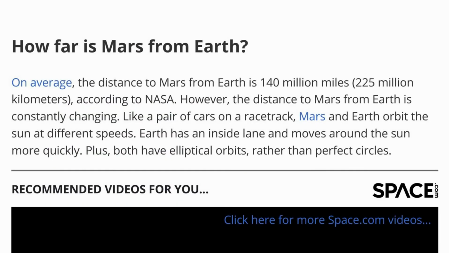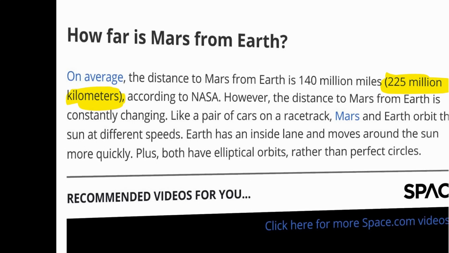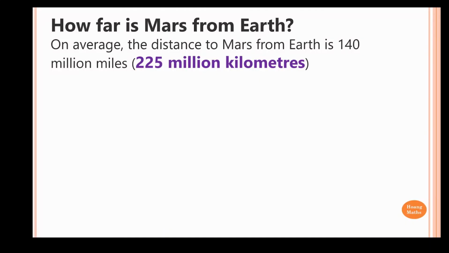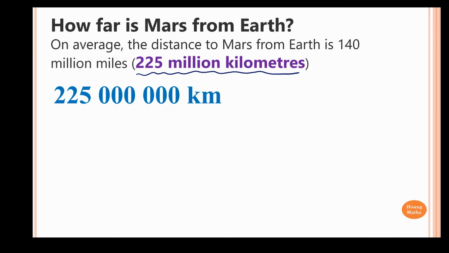The distance from Mars to Earth is 225 million kilometers. So we know that the distance from Mars to Earth is 225 million kilometers. To write in numbers, this is 225 million kilometers.